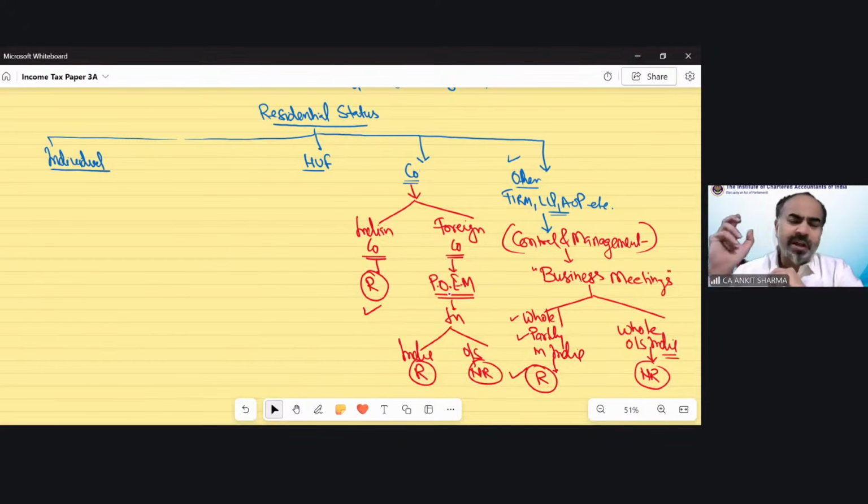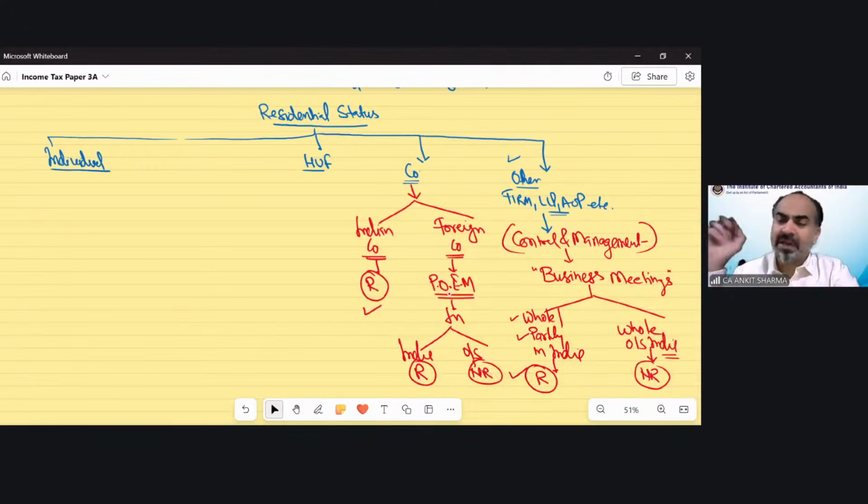Now, the good news is this: what is the meaning of place of effective management? It is a complete detailed list, including multiple conditions and situations also. But that is not at the intermediate level. That is in the final level. So in the final level, you are going to learn about the place of effective management in detail, but at the intermediate level, the concept is just like that.